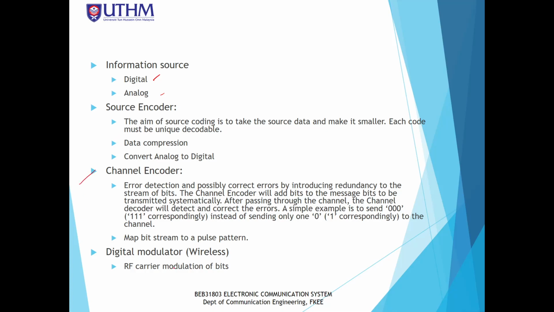Then in the digital modulator, we modulate the input with the analog carrier to produce electromagnetic waves. So here it will produce amplitude shift keying, ASK, or frequency shift keying, or phase shift keying.